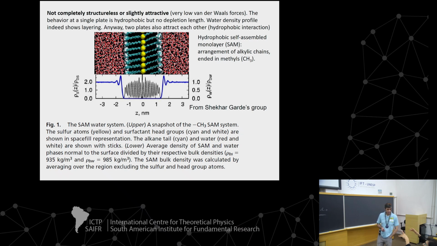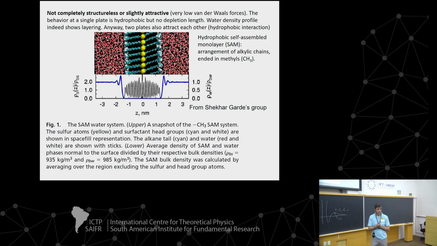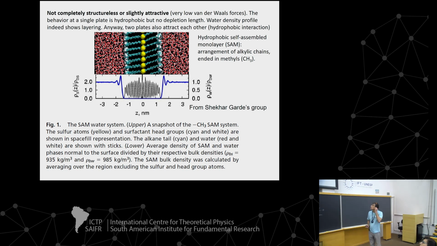But here it is all hydrophobic. What is in contact with water, you have here two phases, but look at one of them, it is completely hydrophobic. You have two of these plates, the plates are going to collapse. So this is going to lead us to the next subject, which could be hydrophobic interaction.